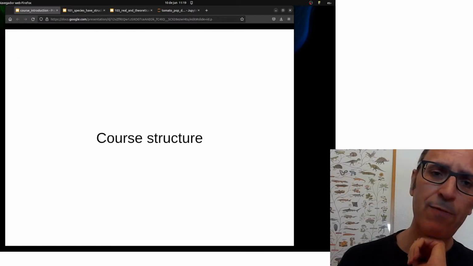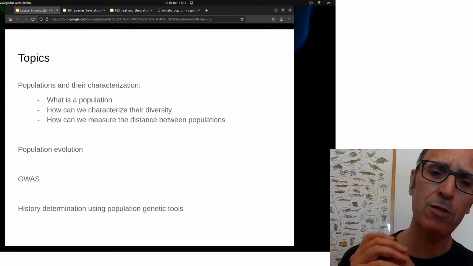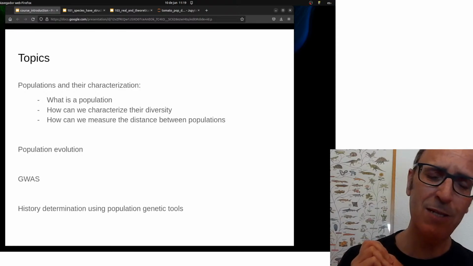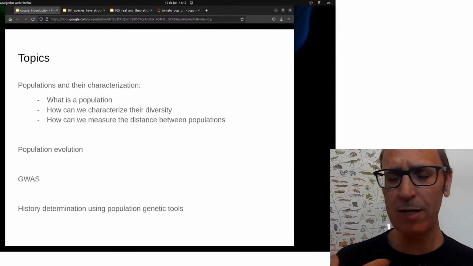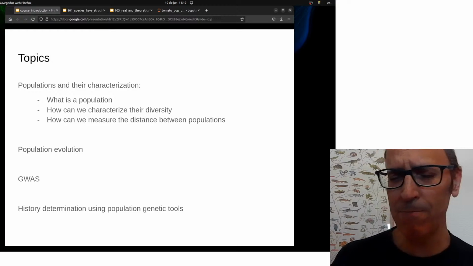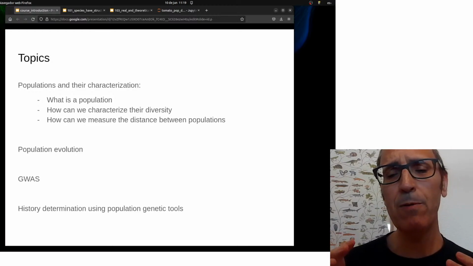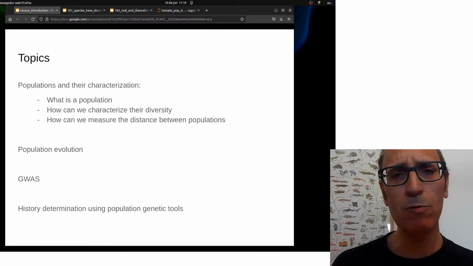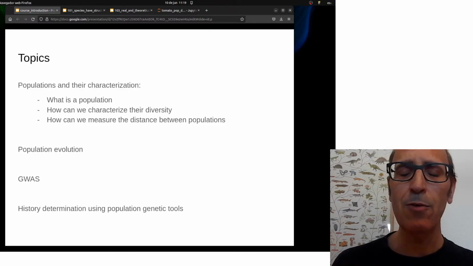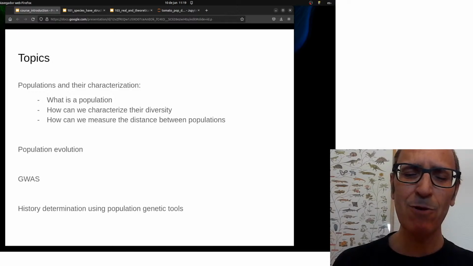And finally, about the course structure, it's also a little bit atypical, because usually if you start with any book or any course in population genetics, they usually define the population and they go to how populations evolve. We are going to do something a little bit different.